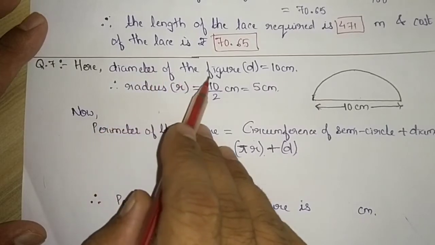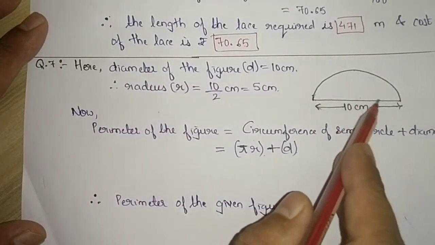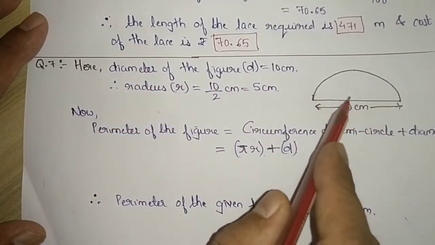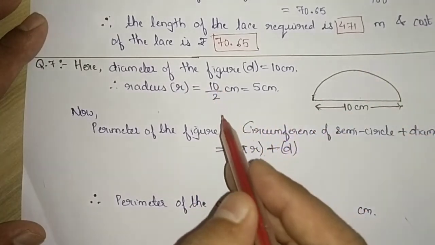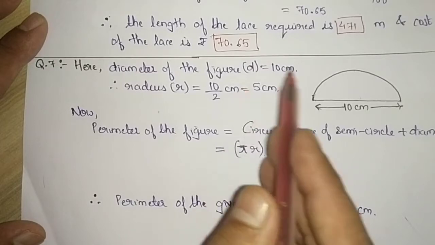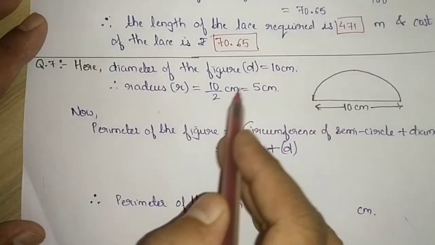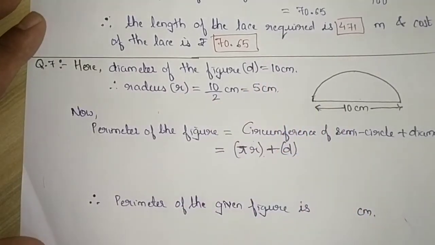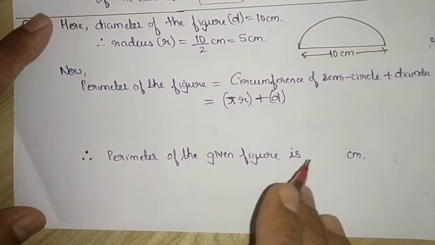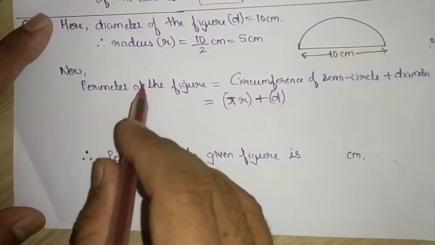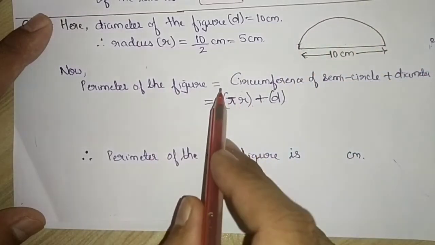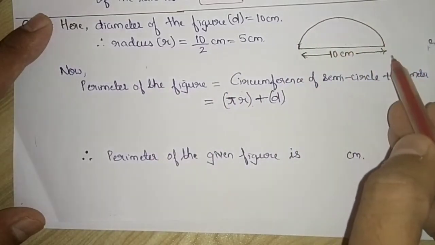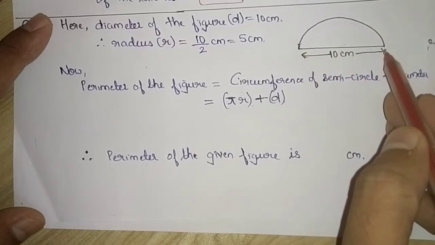Here the diameter of the figure, that is D, is 10 centimeter. Therefore radius is equal to diameter divided by 2, so 10 divided by 2 will give me 5 centimeter. Now they have asked us the perimeter, so I will write perimeter of the figure. Perimeter of this figure is nothing but circumference of the semicircle plus diameter.